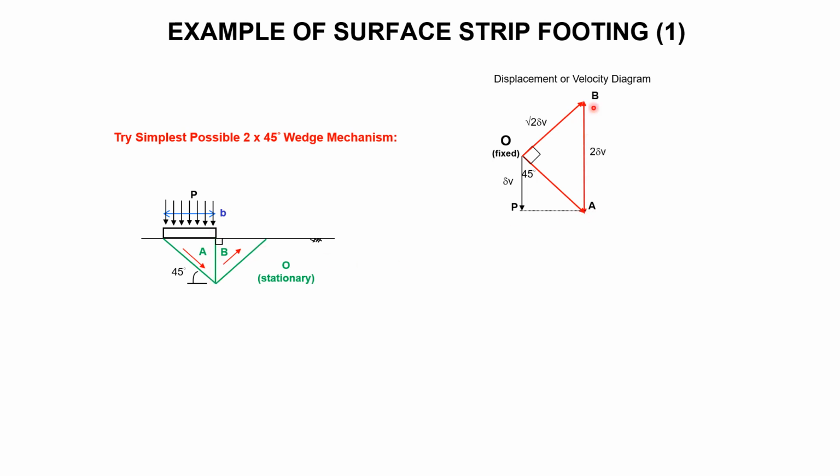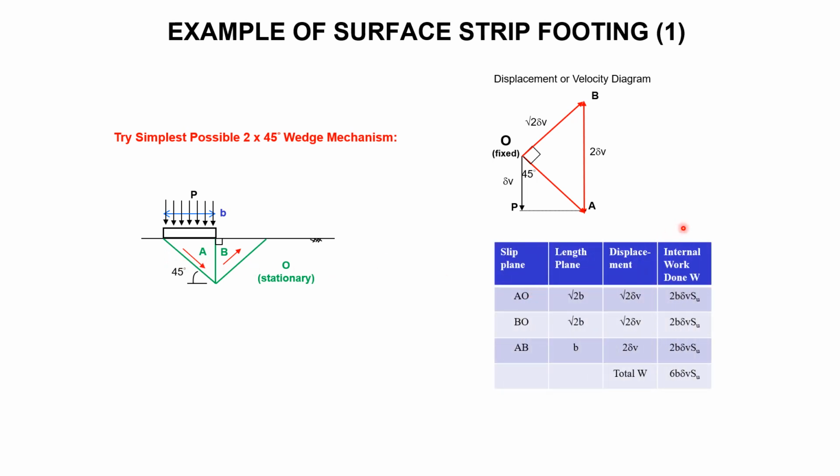So there is B vertically above A, and if that's delta V, this will be root 2 delta V, and this will be 2 delta V, and that again is root 2 delta V. And that's a right angle in there corresponding to that right angle. Notice how the velocity diagram has got all the same angles as the mechanism. Well, it doesn't quite look like the mechanism, but it's got all the same angles in it.